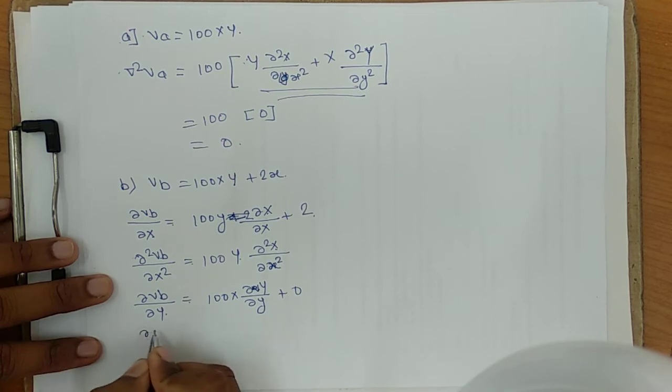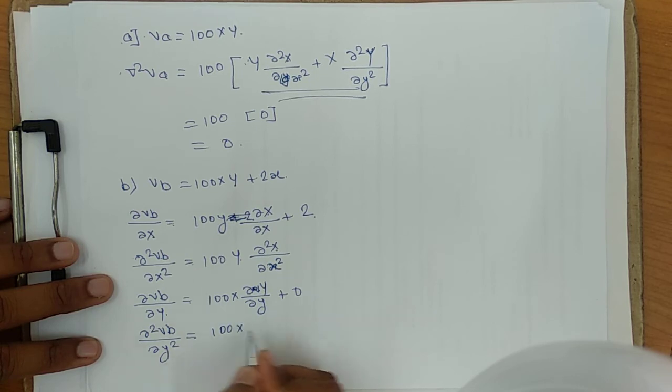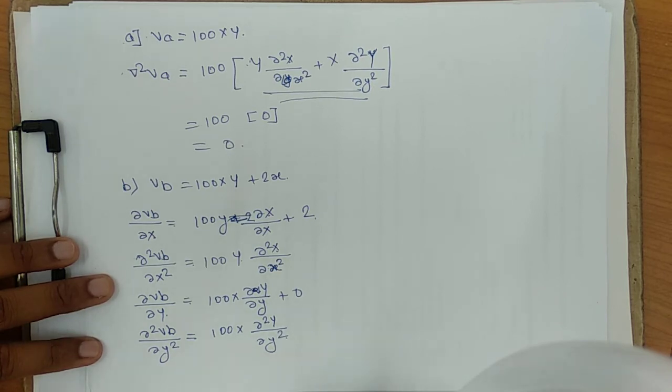Now I will take again ∂²Vb/∂y², because we have to put that value. So again I want to calculate for y, so 100x ∂²y/∂y².